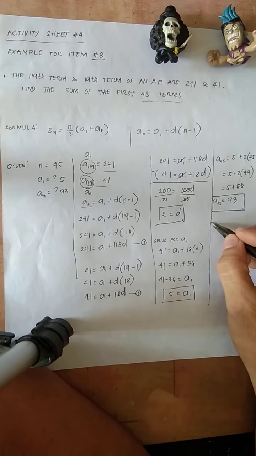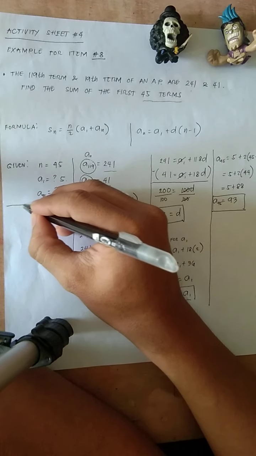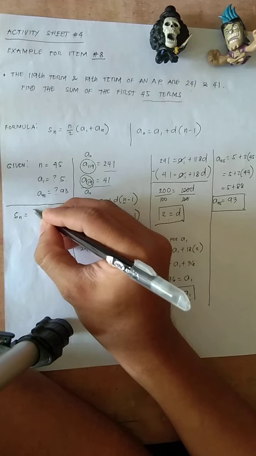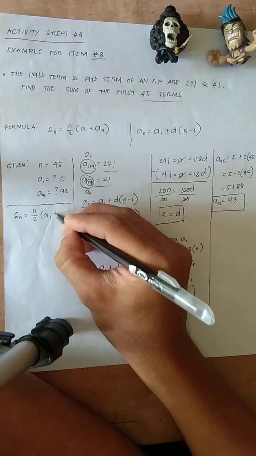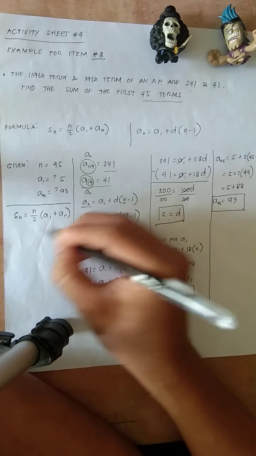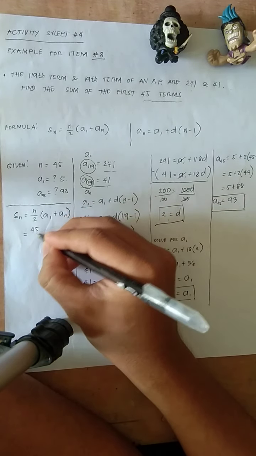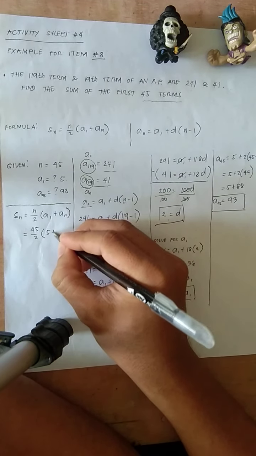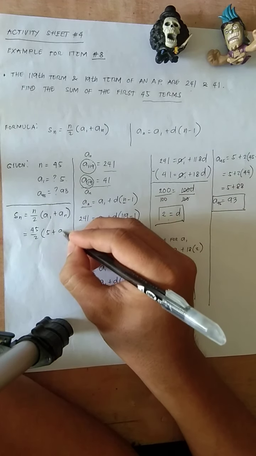And to solve for that, we are now going to go back to this formula: S sub n equals n over 2 times a sub 1 plus a sub n. By substitution, yung n natin is 45 over 2 times yung a sub 1 natin is 5 plus the a sub n natin is 93.